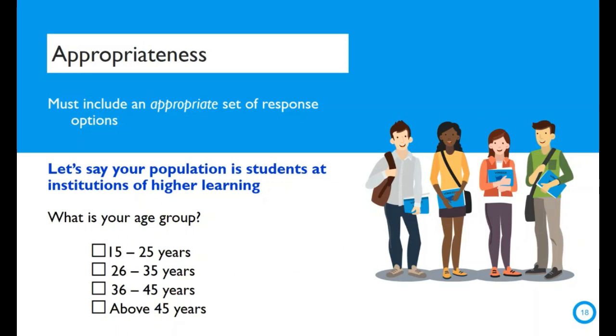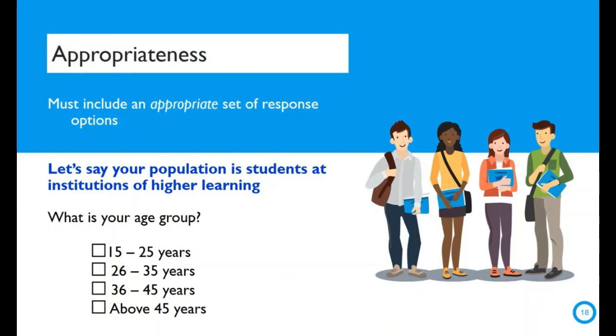All right, so the first one is appropriateness. Categories should include an appropriate set of response options, right? For example, your population is students at institutions of higher learning.